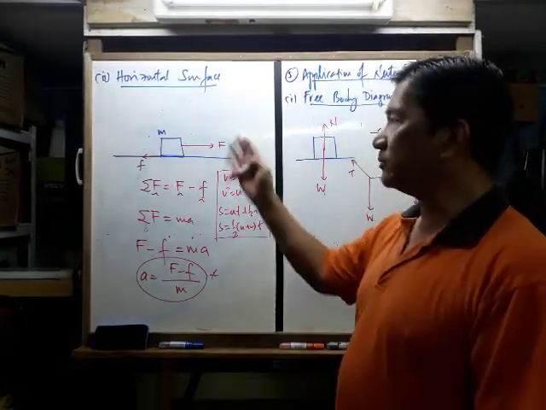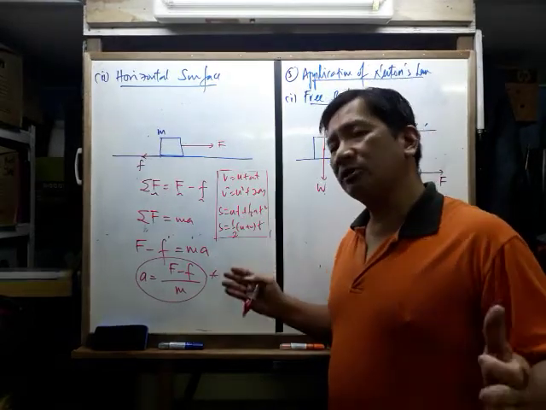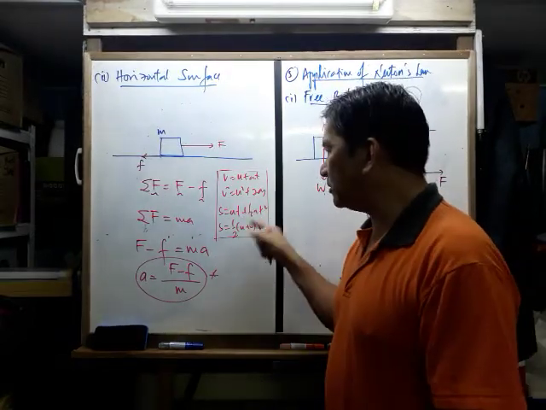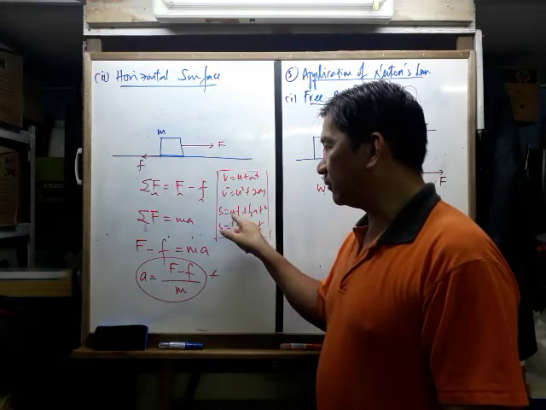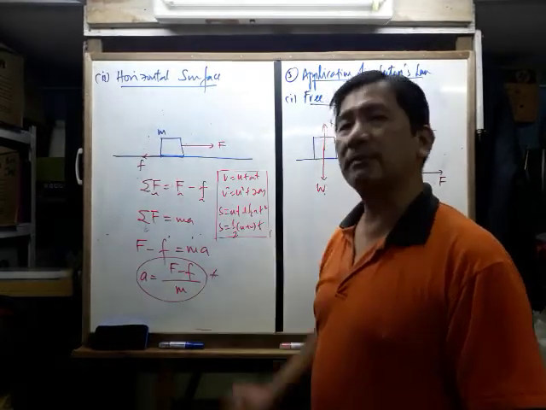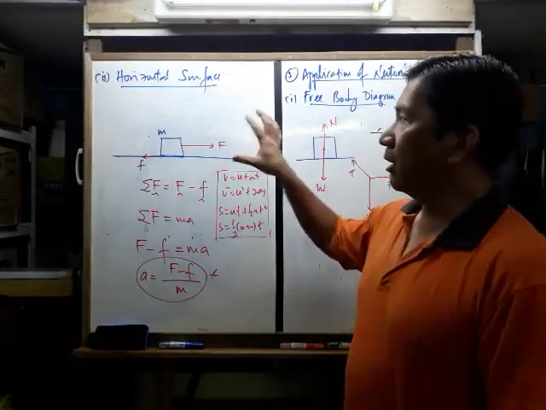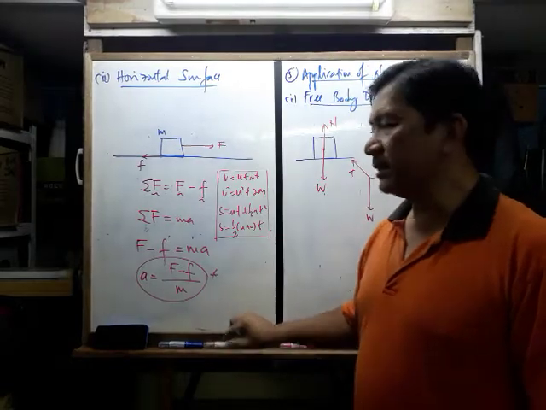For example, an object starts from rest, and you need to find how far the object moves after a certain time. Then you can use these equations, because from rest u equal to 0, and the acceleration can be calculated on condition you know the mass of the object. That is how on horizontal surfaces we can apply Newton's law.